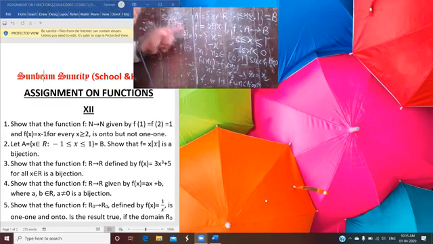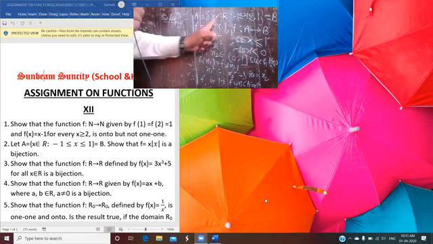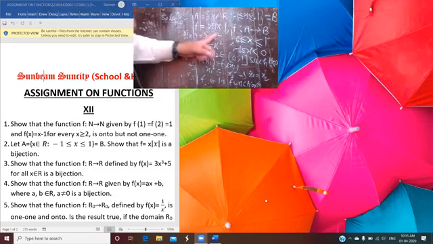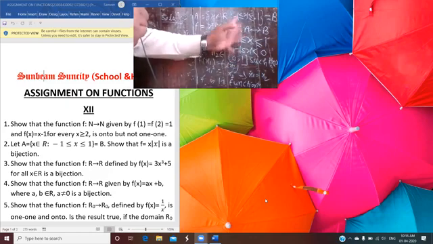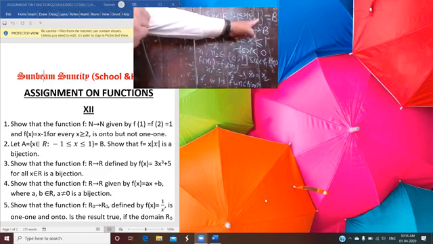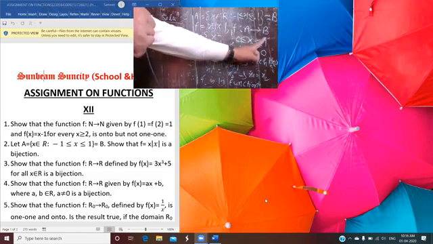You already know that if x is greater or equal to 0, the value of mod x is x, so x into x becomes x square. Here we write x greater or equal to 0 but not beyond 1, so we write x greater or equal to 0 and less or equal to 1.